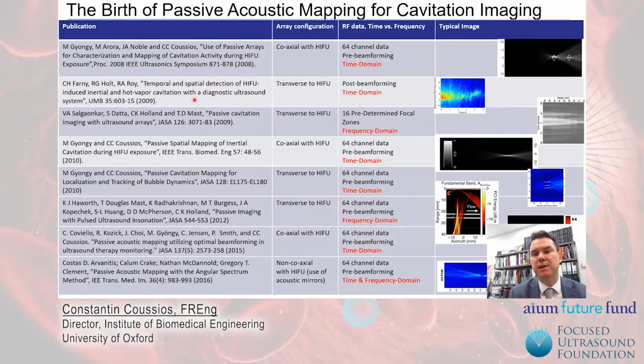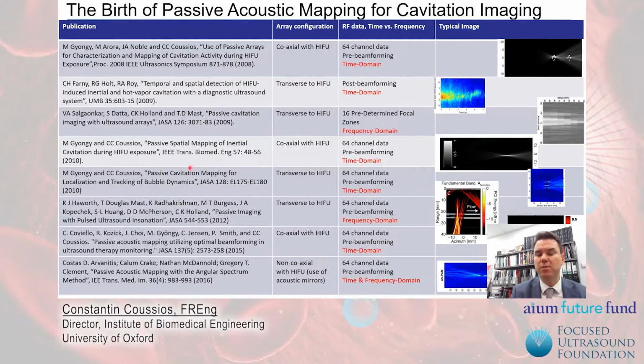The birth of passive acoustic mapping started sometime around 2008, when a series of studies were conducted that demonstrated the feasibility during therapeutic ultrasound exposure of actually reconstructing these acoustic emissions. And this reconstruction was typically done either in the time domain or in the frequency domain, using early work that was either coaxial with the ultrasound beam or transverse with the HIFU beam.